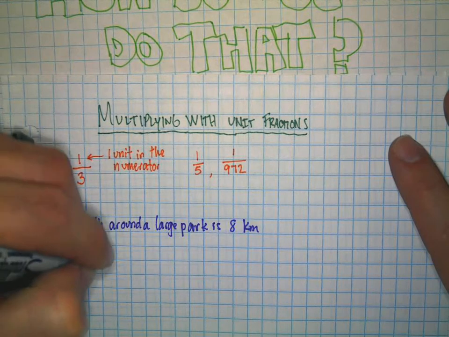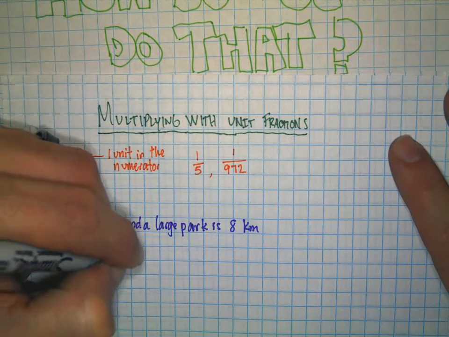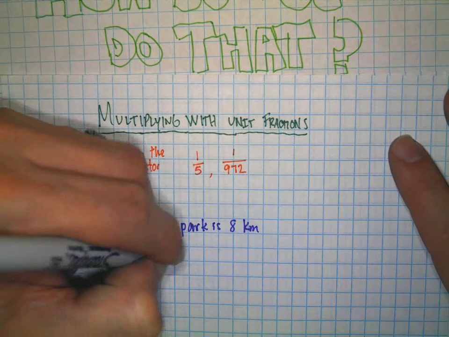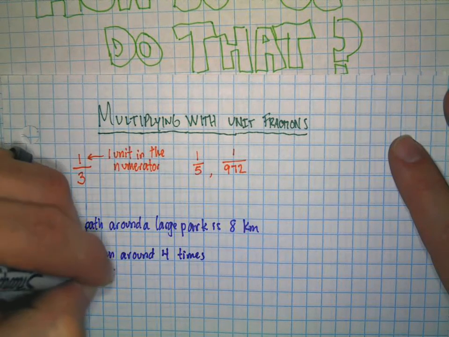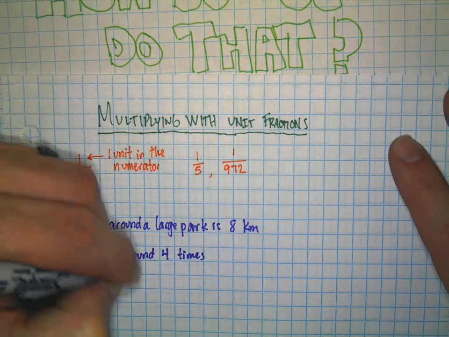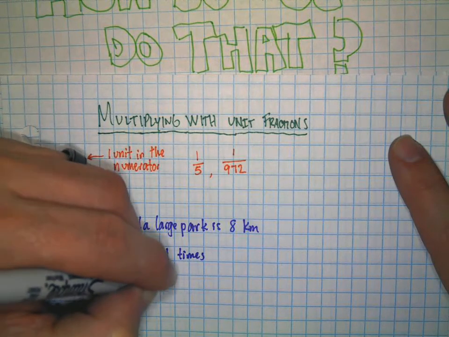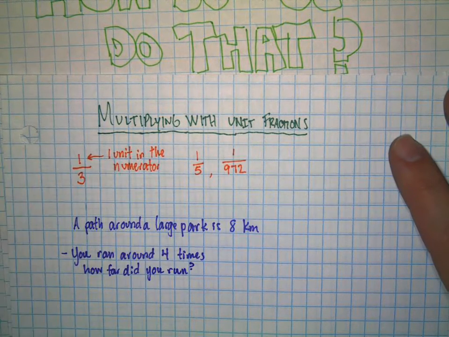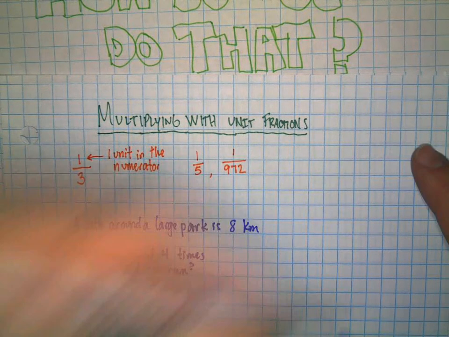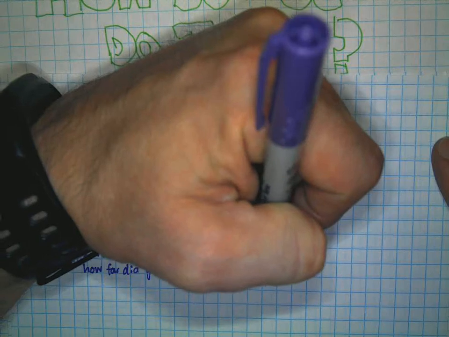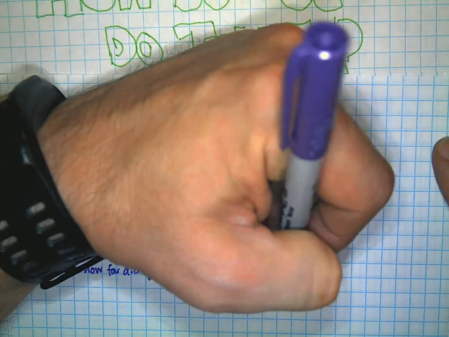Now, what would happen if you ran around that path 4 times? How far did you run? And so that's going to be our first question as we get set up for today.